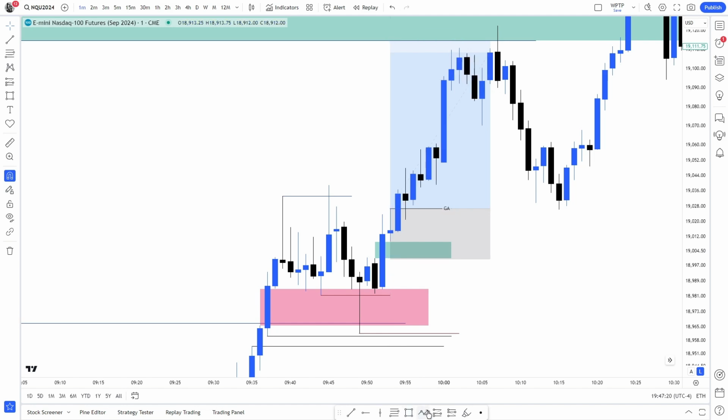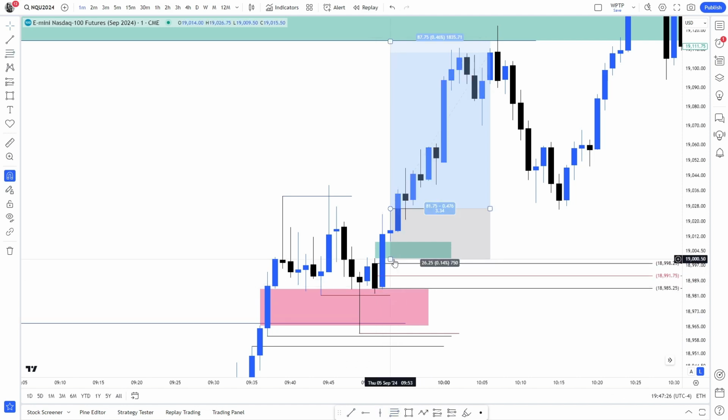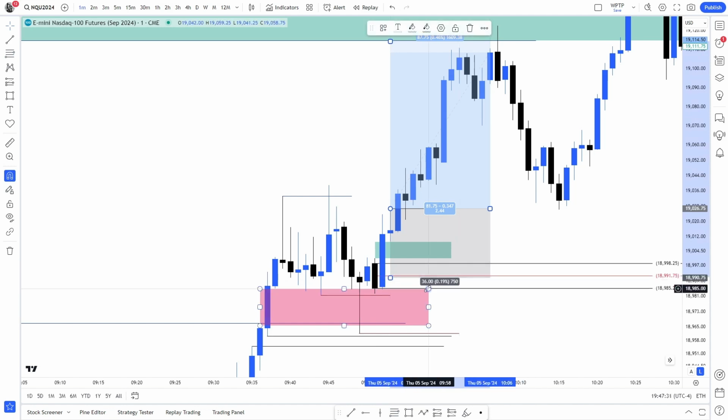If you are uncomfortable at the start, you have three options, sorry. The first option would be 50% of this candle's body, which is a bullish order block, so just below here. That would be another option. You still get a 1 to 2 in 12 minutes, or 1 to 2.4, sorry. And then your next option is where this black line is, which is the rejection block, which is the lowest close in this candle formation.